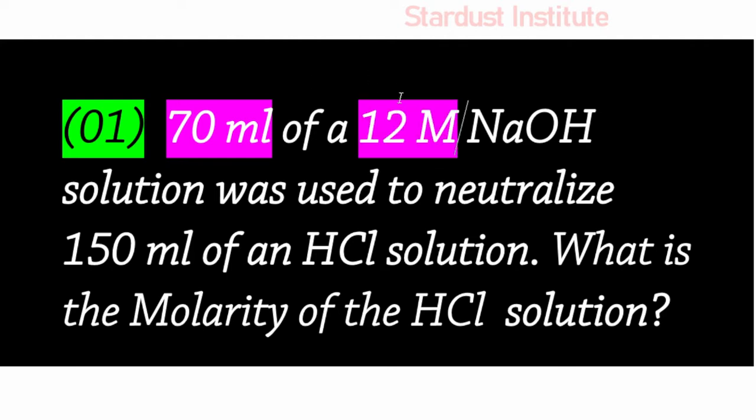That means there are 12 moles of sodium hydroxide in 1 liter, 1000 milliliters, of this sodium hydroxide solution. Now we can find the number of moles in 70 milliliters of this sodium hydroxide solution.